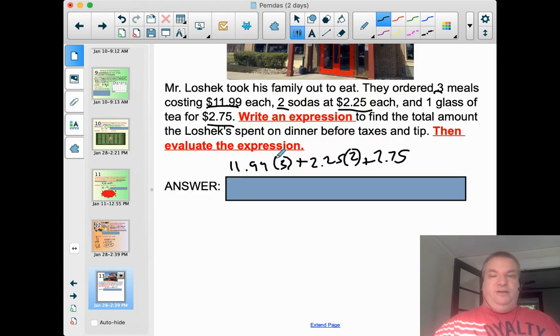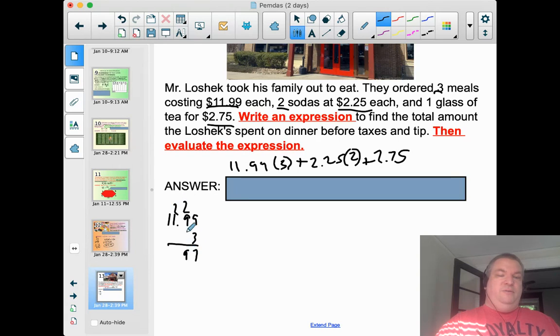All right, so I'm going to do each one of my multiplication problems first before addition. So if I bring those down here, I'll do the $11.99 times 3 first. Okay, so ignoring the decimal point, 9 times 3 is 27. Carry the 2. 27 plus 2 is 29.